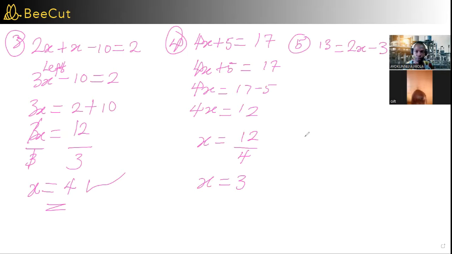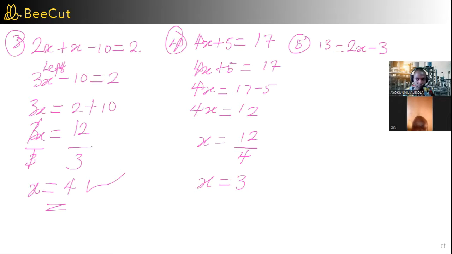Try to solve that this way. Try to solve that and let me see what your answer will be.